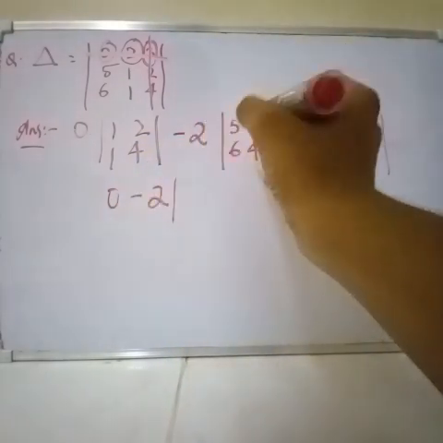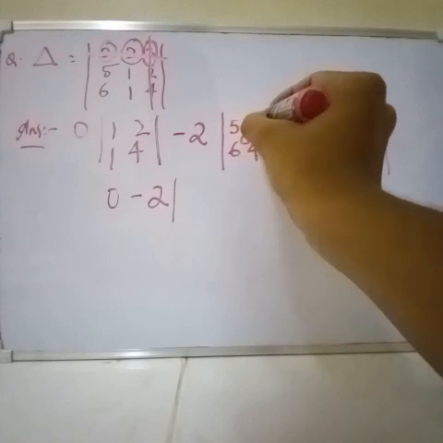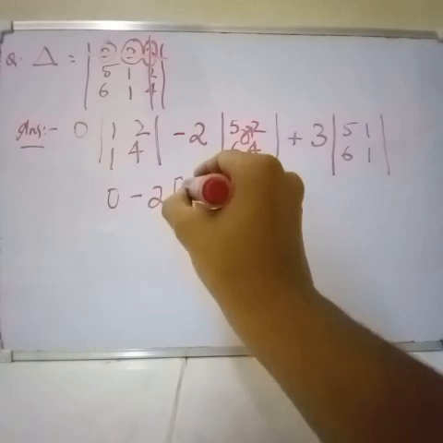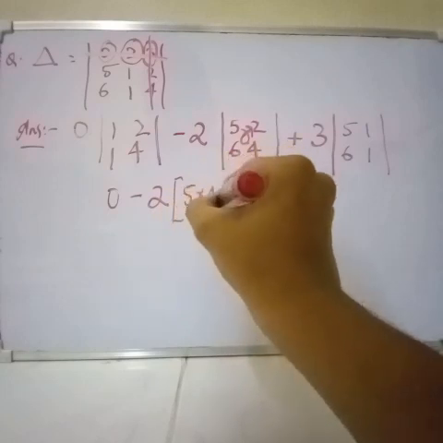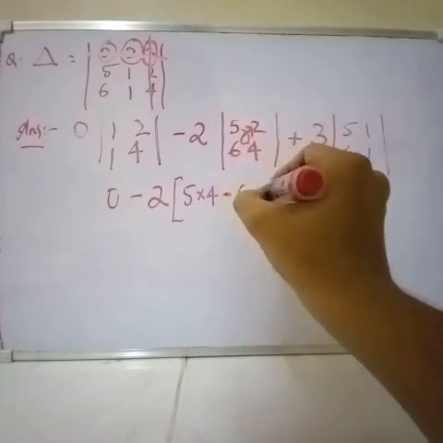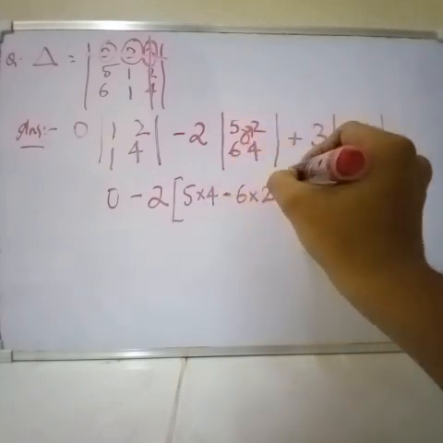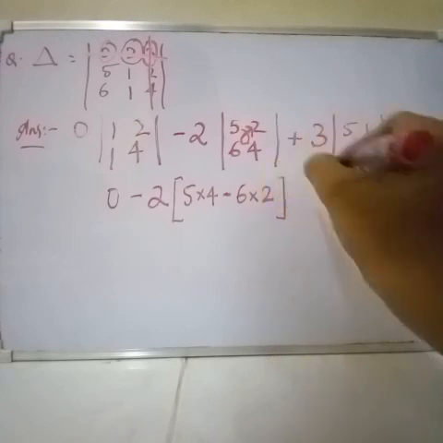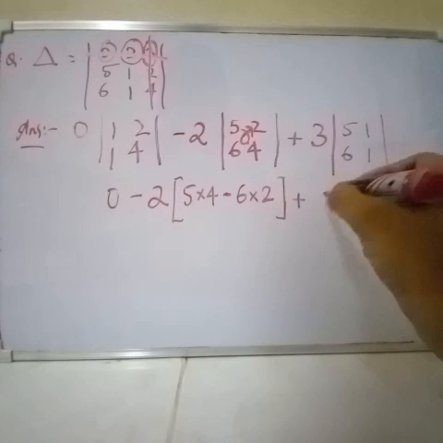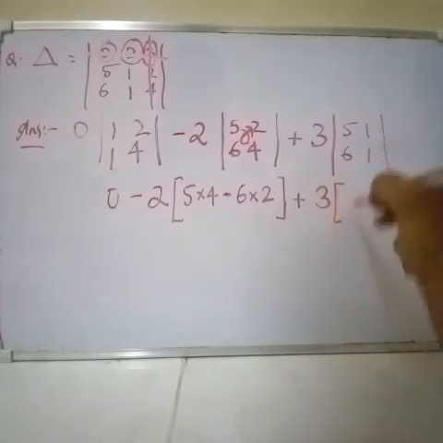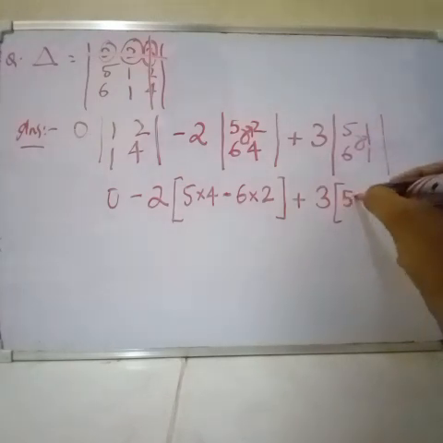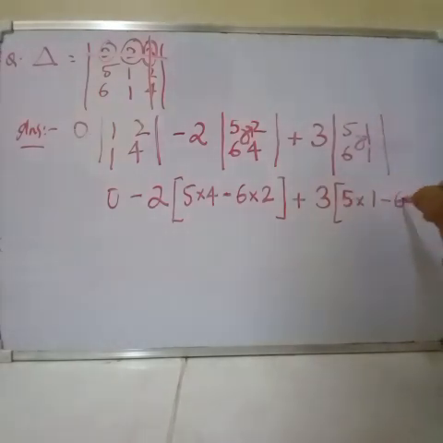Now you are finding the determinant, so let's do it. 5 times 4 minus 6 times 2, plus 3, then 5 times 1 minus 6 times 1.